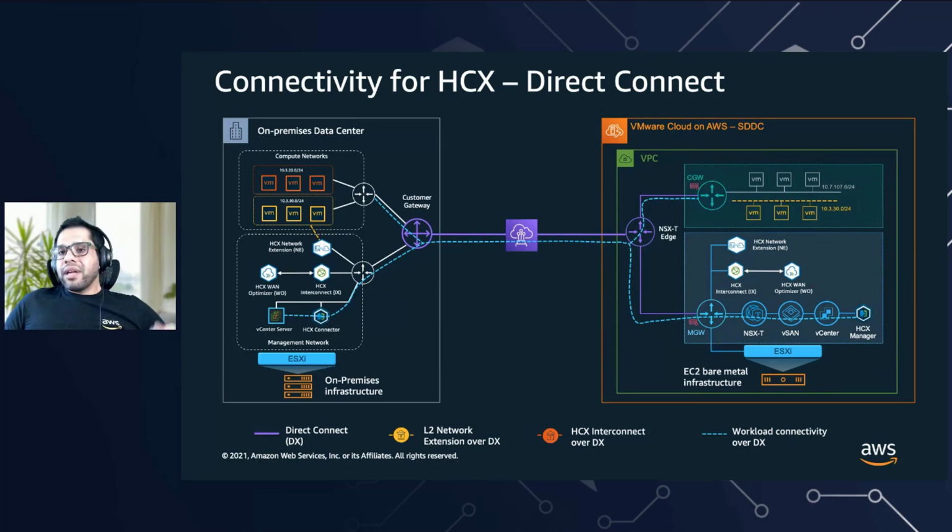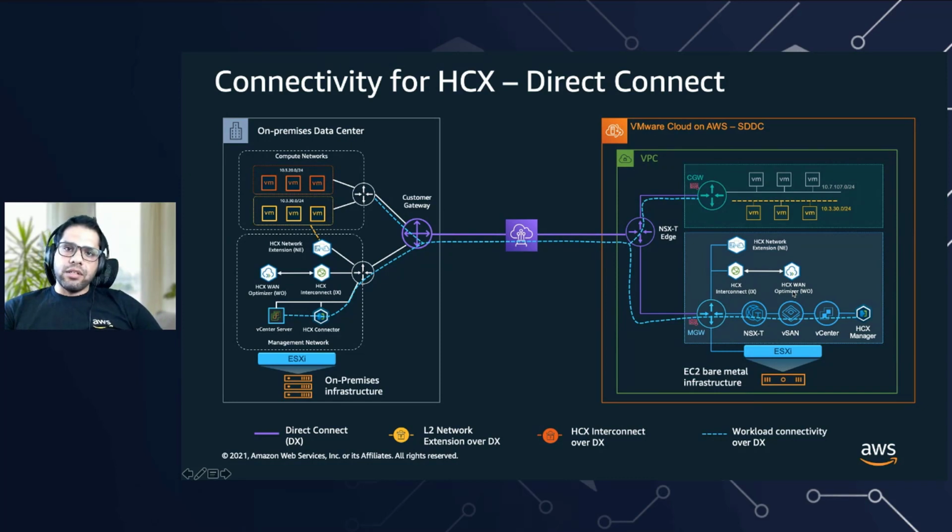You must configure a private IP pool manually because in the network profile that is automatically created when you deploy HCX in the cloud, there is no Direct Connect IP pool defined. It's all working with public IPs and internet IPs.